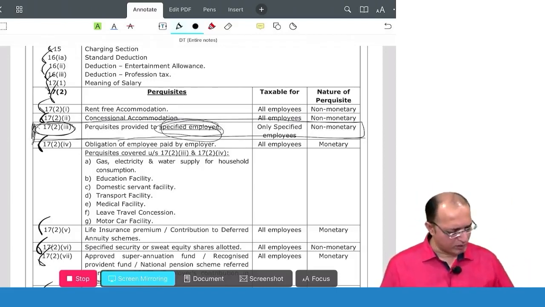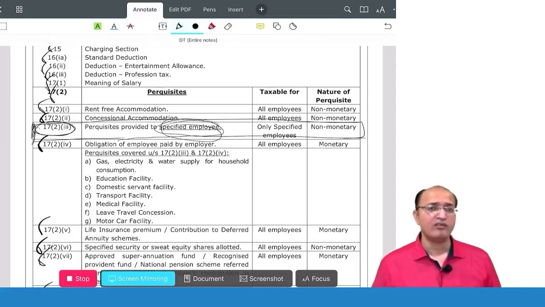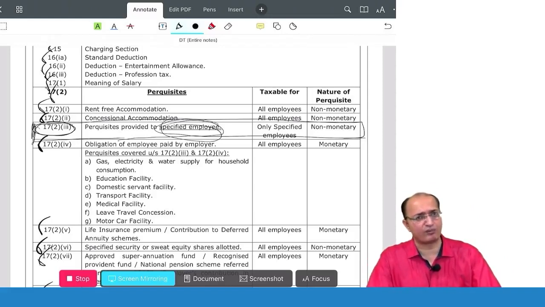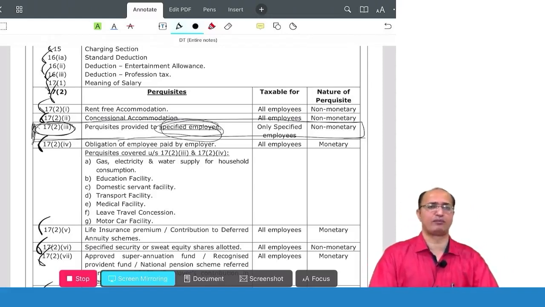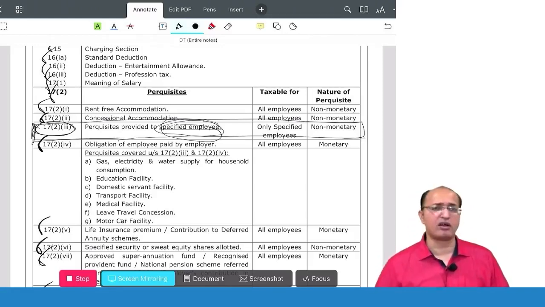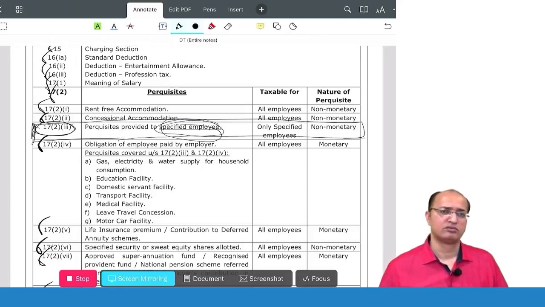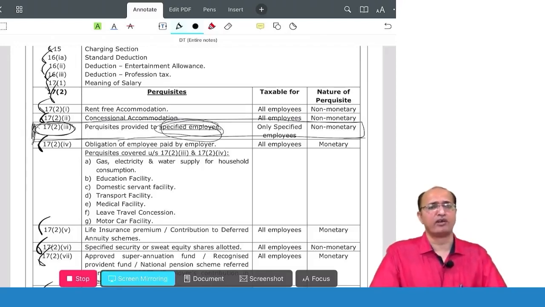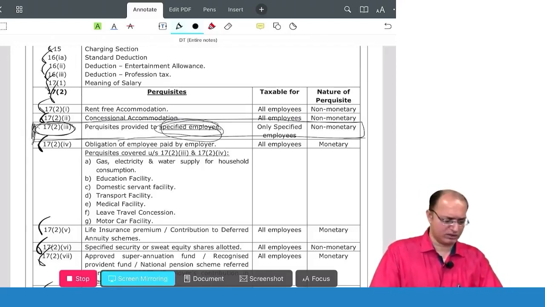So for the purpose of valuation of perquisite, we have divided the employees into two categories, specified employees and non-specified employees. When I use the words all employees, what do you understand?